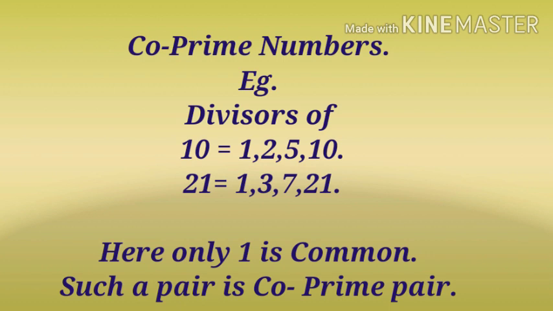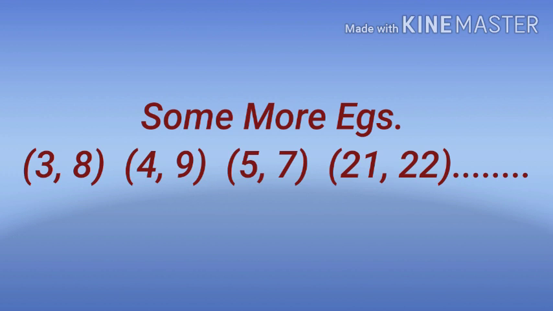Factors of 21 are 1, 3, 7, 21. Here only 1 is common. Such a pair is a co-prime pair. Some more examples of co-prime pairs are 3 and 8, 4 and 9, 5 and 7, 21 and 22, and so on. You can also find some more pairs.